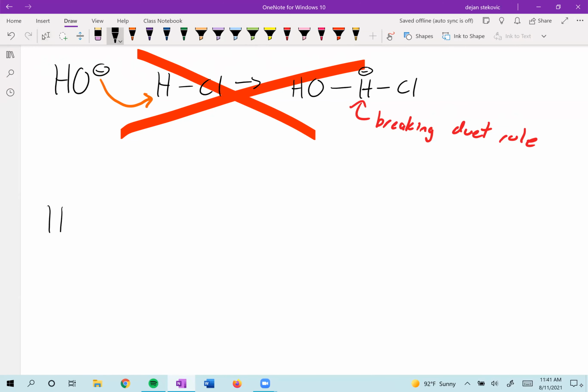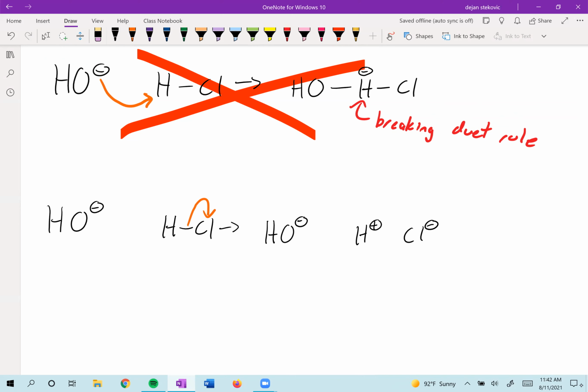Alternatively, let's take a look at it a different way. We have hydroxide and then HCl. Here we could draw the breaking of the H-acid bond first, right? So we have the electrons from the hydrogen and the chlorine go onto the chlorine. Now we've got a hydroxide, an H+, and a chloride.